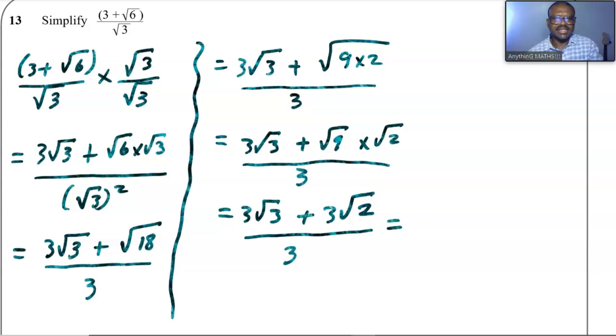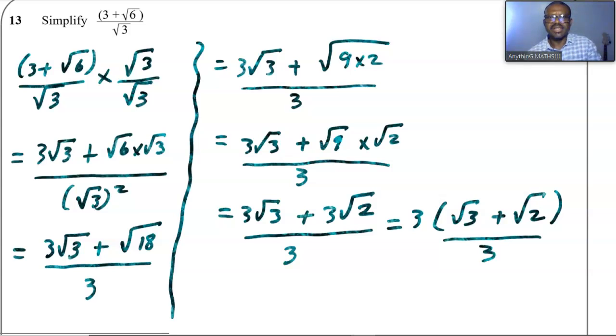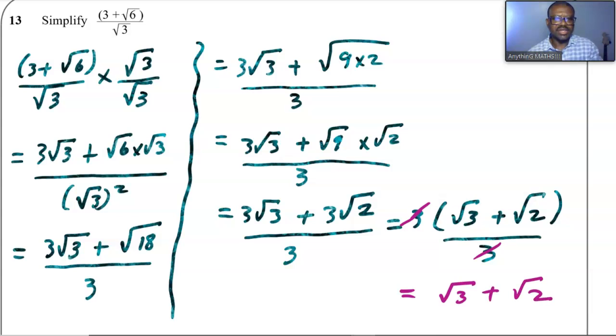Now we can factorize 3 out. So we have 3 times root 3 plus root 2 all over 3. And the beauty is these 3 then cancel these 3, and then we get root 3 plus root 2. Doesn't really matter which comes first.